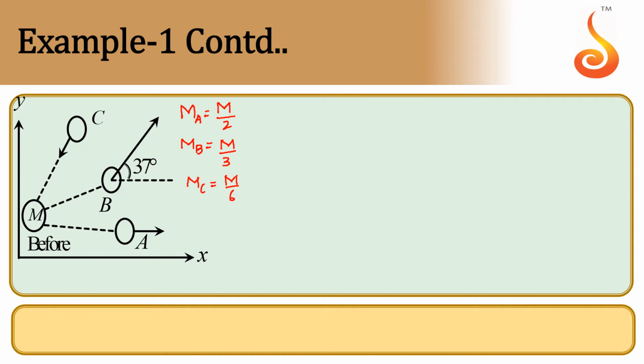So velocity of A is V0 i cap along x direction, and velocity of B is 2V0.